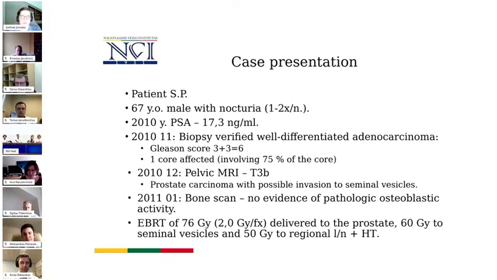According to the MRI images, there was visible T3B stage prostate cancer, and the patient was prescribed external beam radiation therapy with 76 grays delivered to the prostate and seminal vesicles. Also, the patient was prescribed hormone treatment.